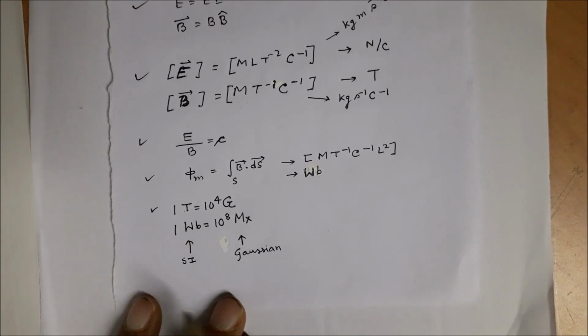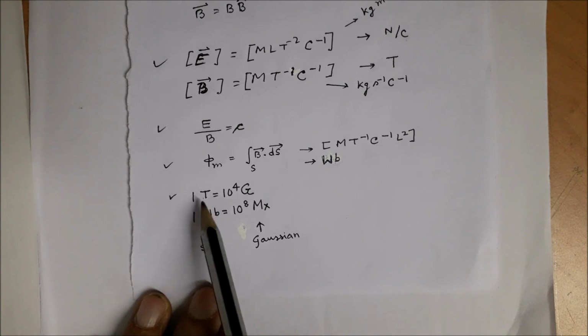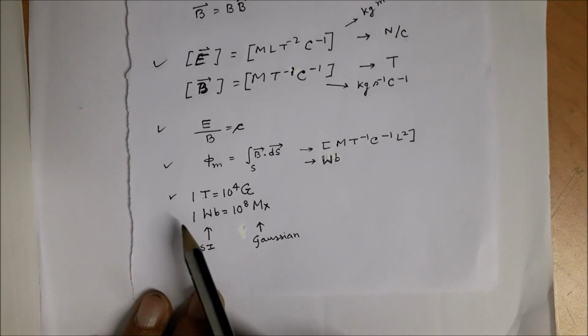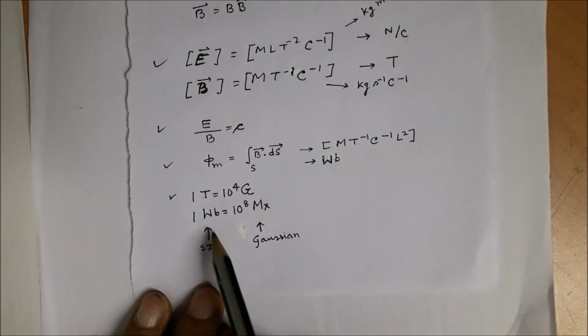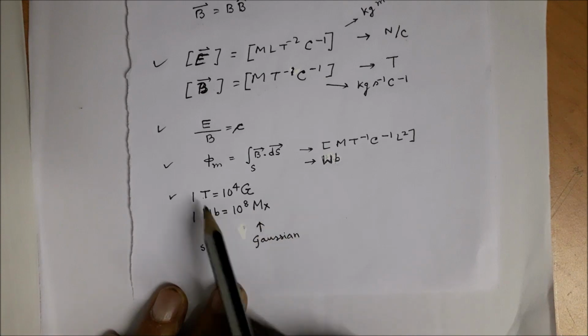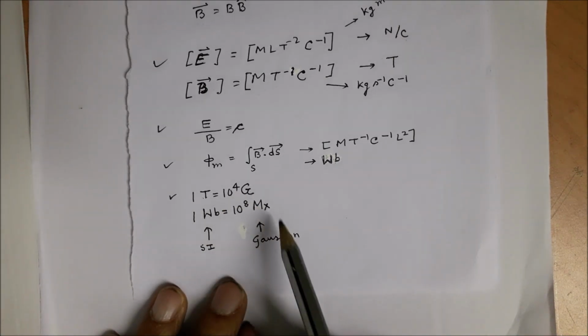And lastly, we interrelated SI units of magnetic induction and magnetic flux to the corresponding quantities in the Gaussian system. So 1 Tesla is 10 to the power 4 Gauss and 1 Weber is 10 to the power 8 Maxwell.